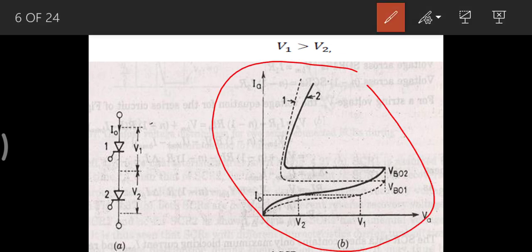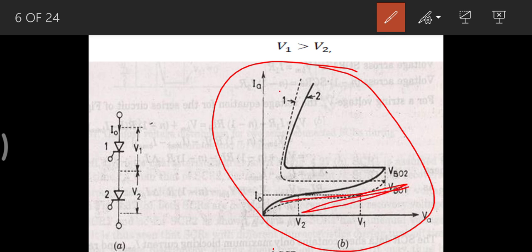VI characteristics of the 2 SCRs. One is indicated by the dotted line and the second line is indicated by the thick line. If you observe here, the VI characteristics of the 2 SCRs are the same in shape, but there is a difference in values. That means here the saturation, and here the cutoff region.